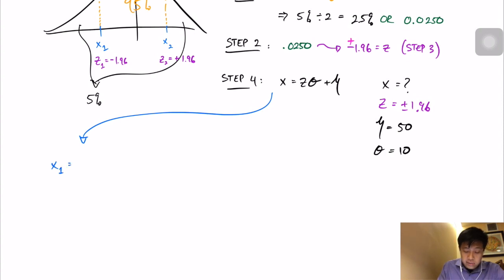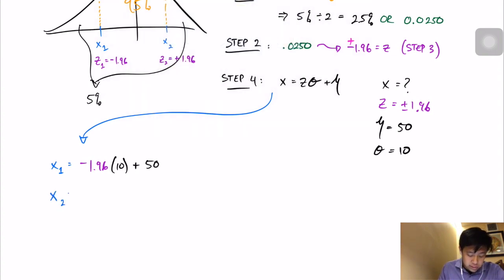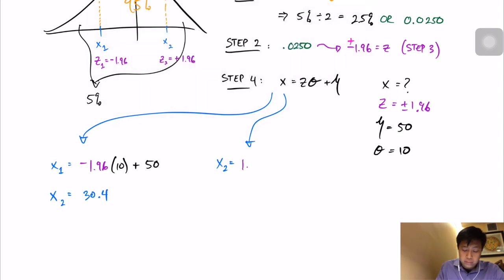We're going to take the negative first because that represents the left side. Times the standard deviation plus population mean. Again, I did this in advance, so I find out this answer is 30.4. Doing this one more time for x sub 2, this time we're using the positive 1.96. Again, I did this answer in advance, and this gives us a 69.6. And those are your two answers right there.